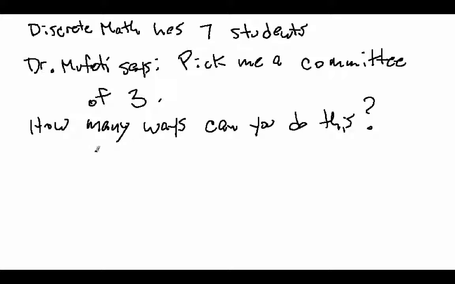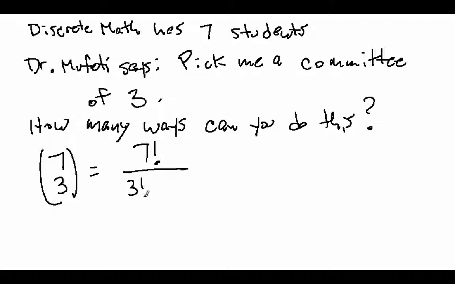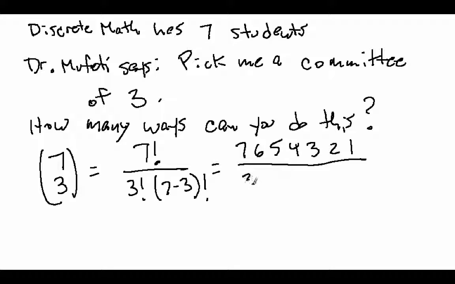Well, the answer to that is actually pretty simple. It's 7 choose 3. And that's equal to 7 factorial over 3 factorial times 7 minus 3 factorial, which is 7, 6, 5, 4, 3, 2, 1 over 3, 2, 1 times, now 7 minus 3 is 4, 4, 3, 2, 1.